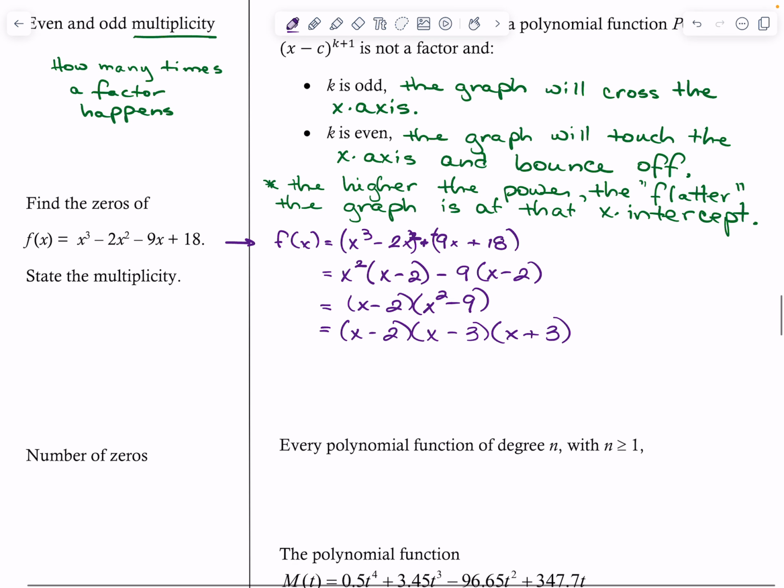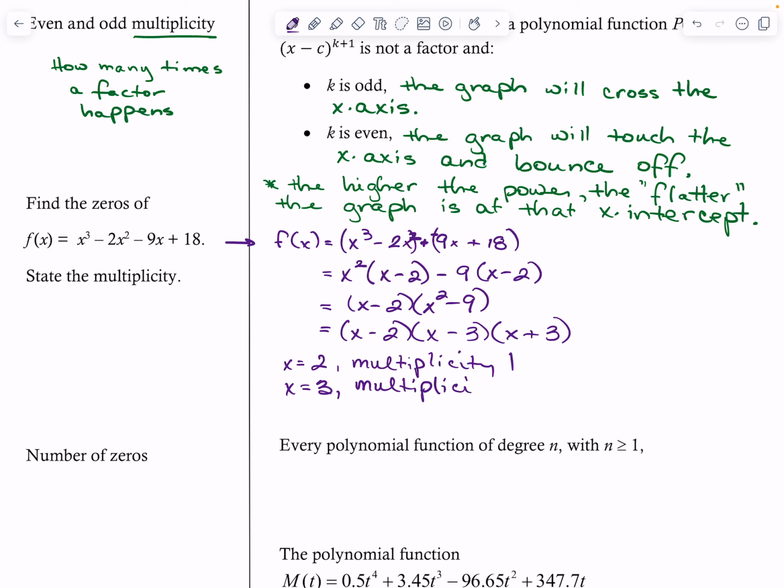My zeros are x equals 2, multiplicity 1, power 1, x equals 3, also multiplicity 1, so this is not very exciting, and x equals negative 3 with multiplicity 1.